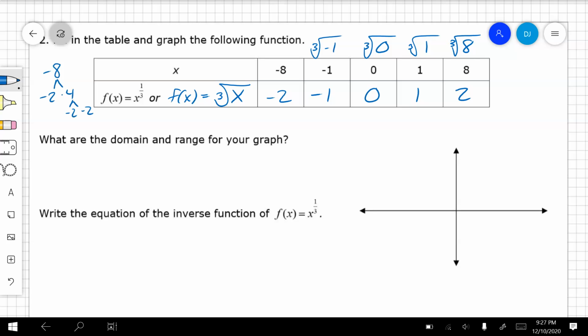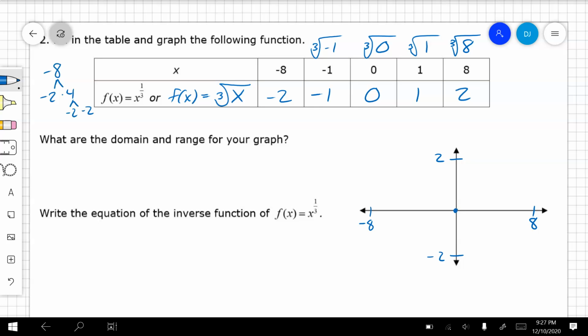So when we're looking at domain and range, it's best if you go ahead and graph your points. So we're going to start off with the highest and lowest values. For the x values, I noticed that I need to go all the way to -8 and +8. My highest and lowest y values are going to be 2. So we're going to go up to +2, down to -2.